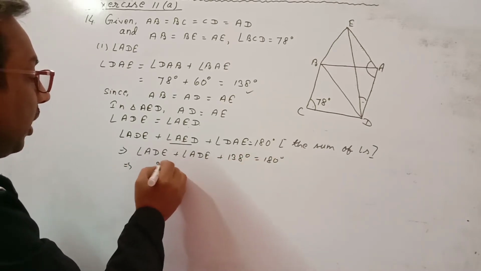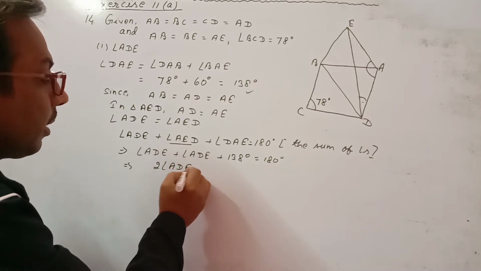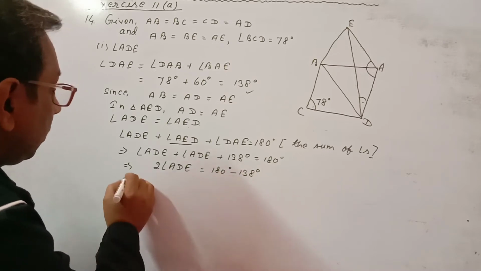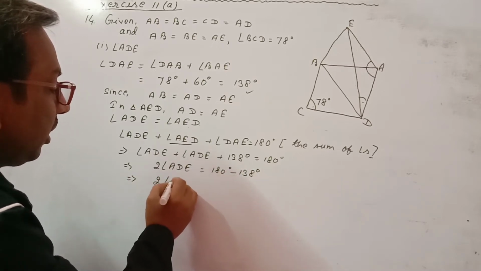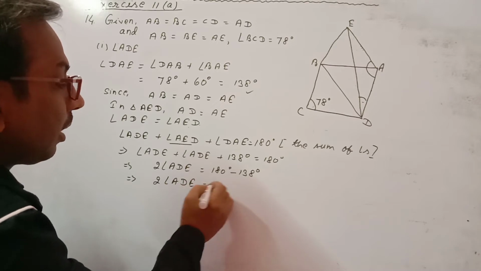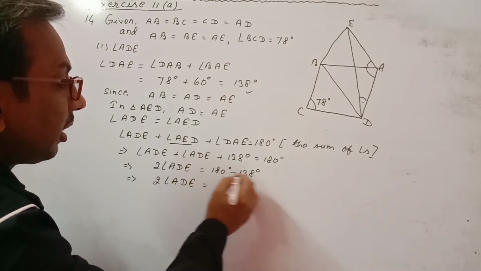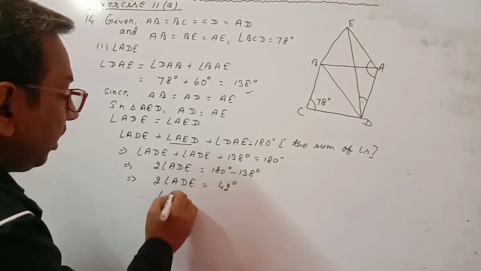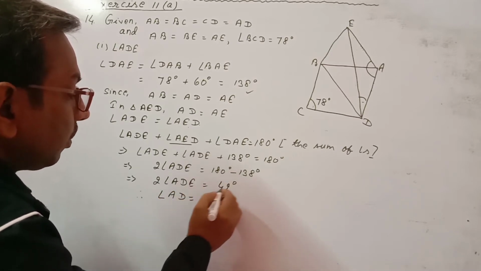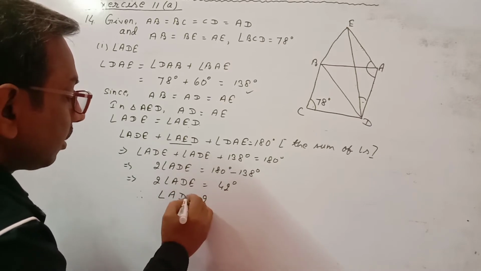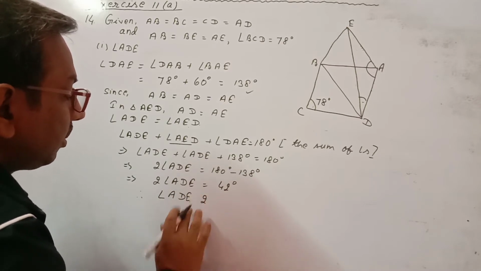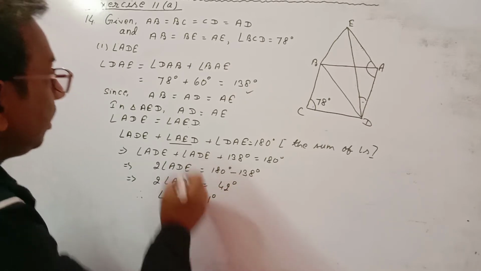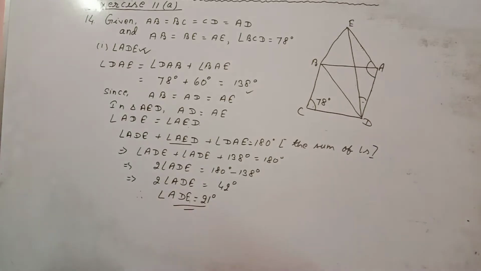So, 2 angle ADE equal to 180 degree minus 138 degree. So, this implies that 2 angle ADE equal to 42 degree. So, angle ADE equal to 42 by 2, which means 21 degree. Angle ADE is 21 degree we got.